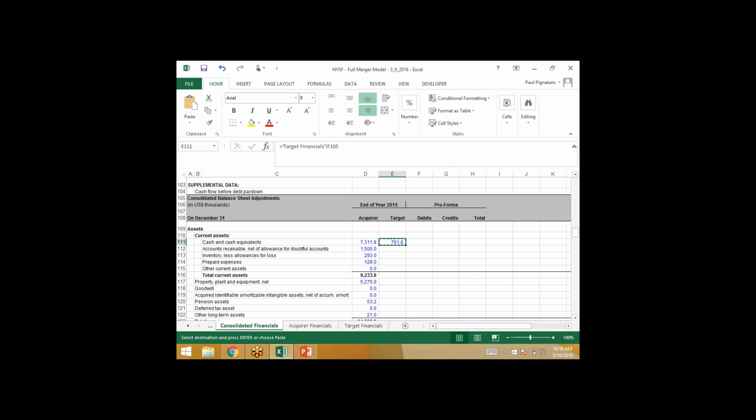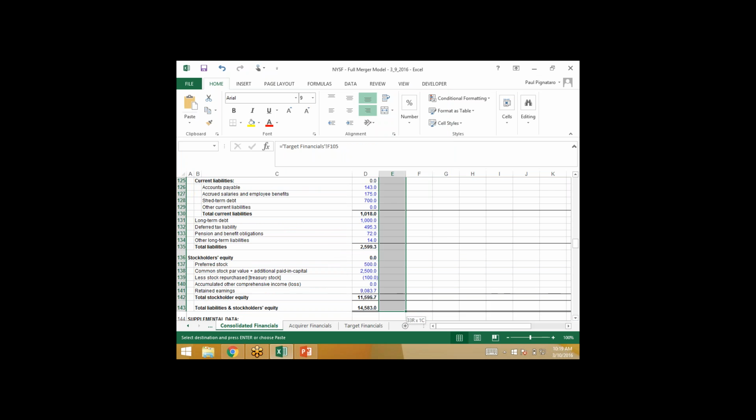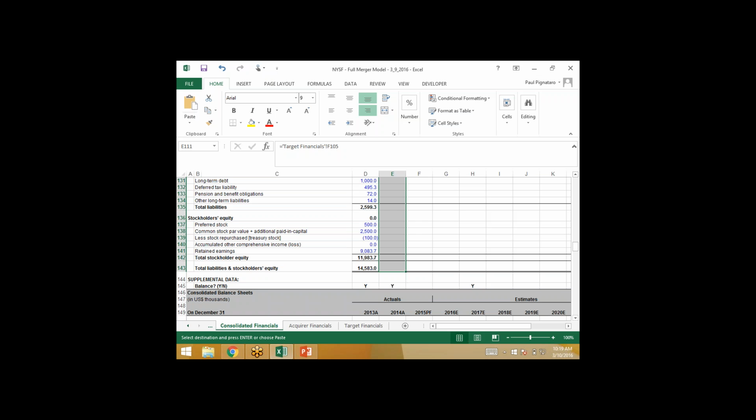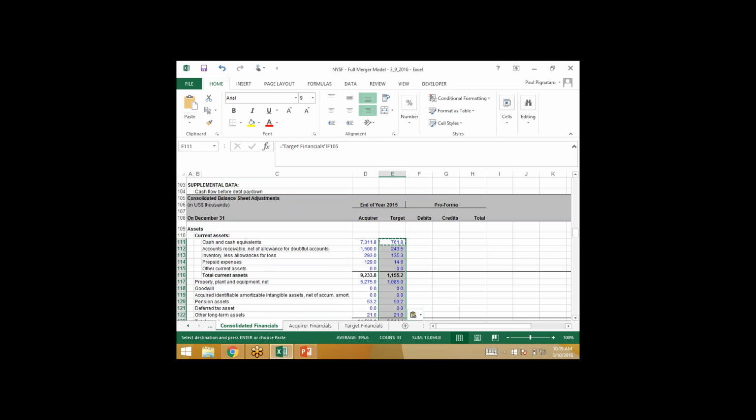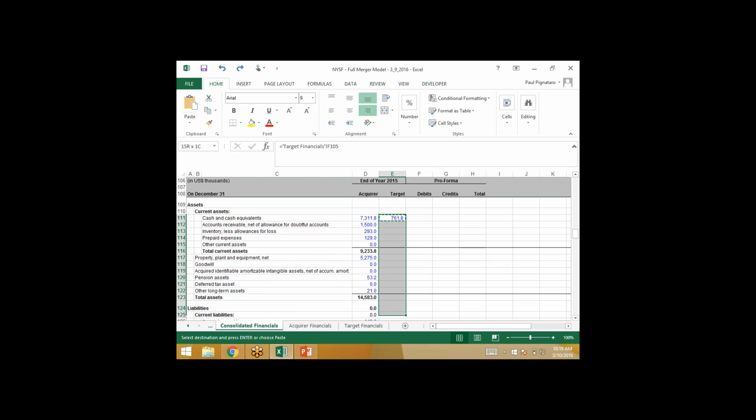I want to copy just the formula down so I'm not overwriting the formats. So while holding down Shift, I tapped the down arrow and then paste special formulas. Alt-E-S-F, enter. Right? So, quick way to do it. Copy all the way down.